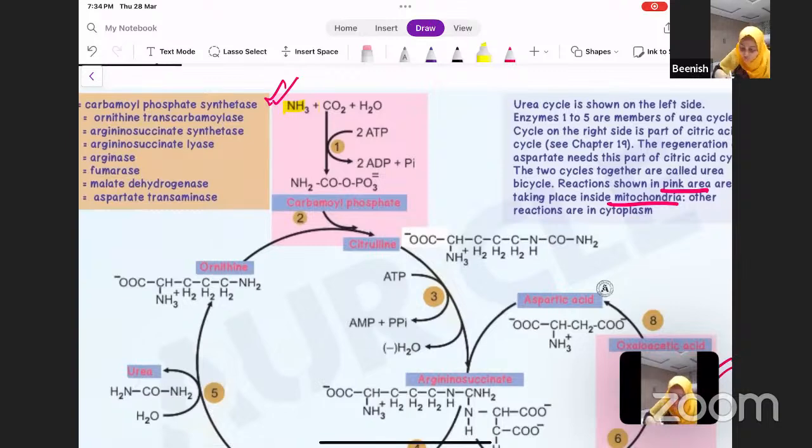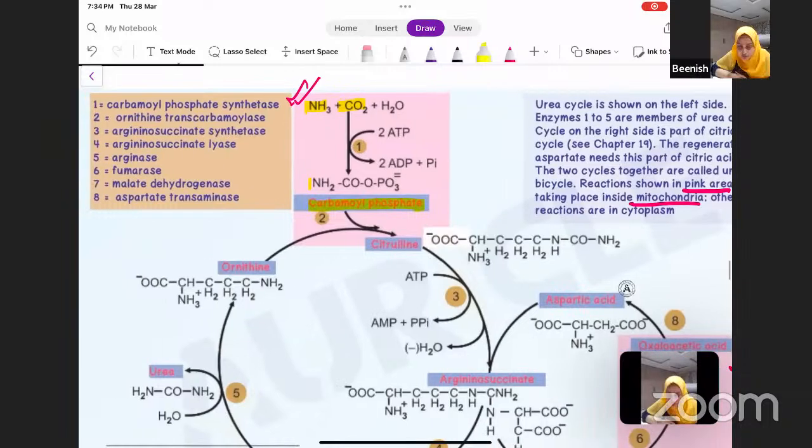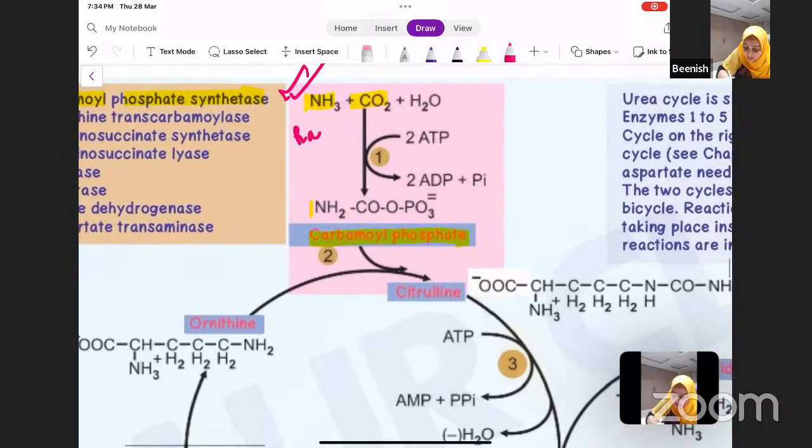Your ammonia combines with carbon dioxide and water to form what? Your carbamoyl phosphate. So carbamoyl phosphate is being formed. The enzyme that is used here is carbamoyl phosphate synthetase, and this is the rate limiting enzyme.